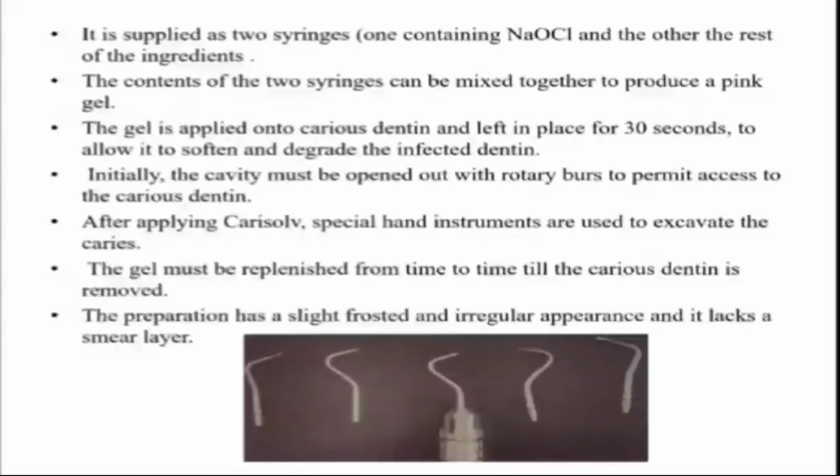And in case of any fever, lymphadenopathy or cellulitis, antibiotics can be given in addition to drainage of the tooth. After that, to control the postoperative pain, non-steroidal anti-inflammatory drugs can also be provided. So this is the management of the periapical abscess.